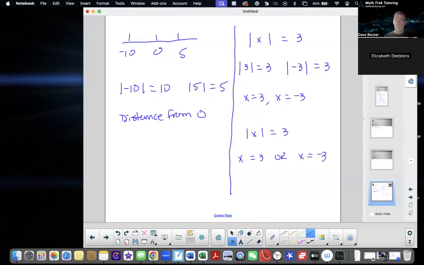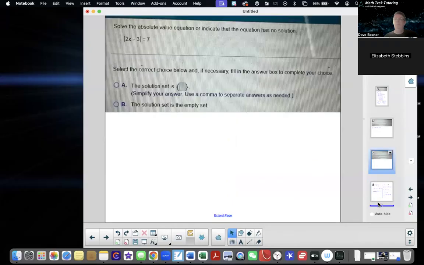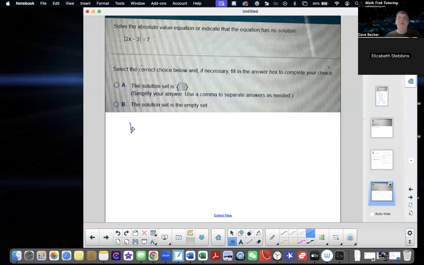So we have the absolute value of 2x minus 3 equals 7. This is quite friendly, because we drop the absolute value and we do both possibilities. Gotcha. Okay. So after that, not too bad.